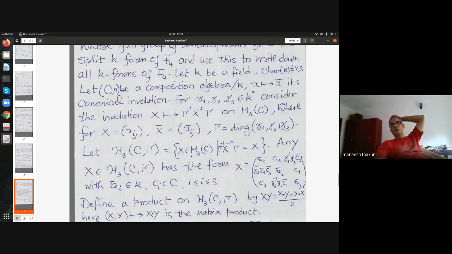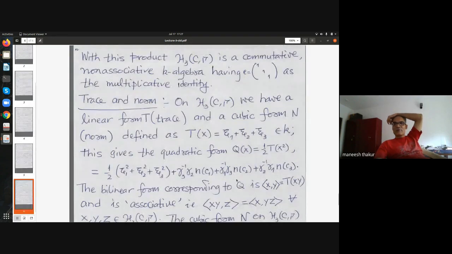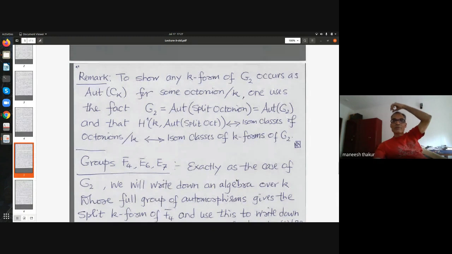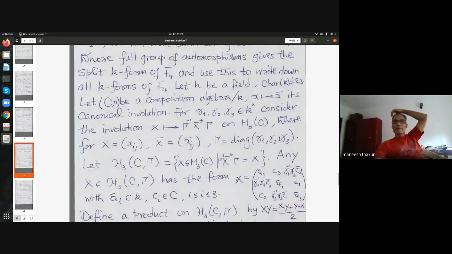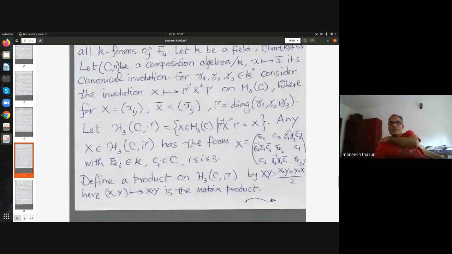So I am looking at those 3 by 3 matrices which are fixed by that involution. Once you do the calculation, any such Hermitian matrix looks like this. Right now I don't need this explicit expression, but basically there are three coordinates.